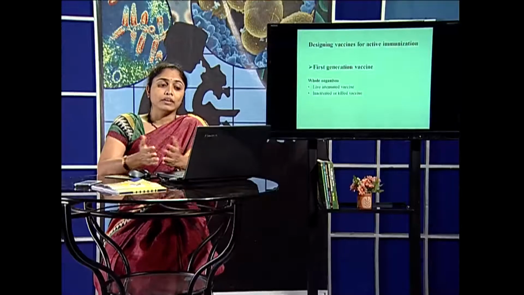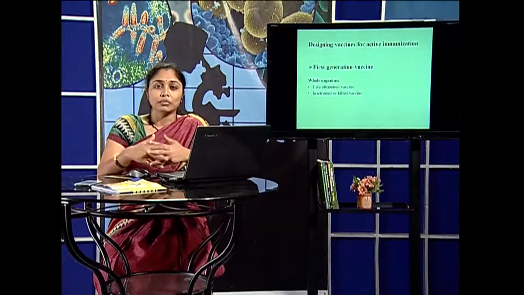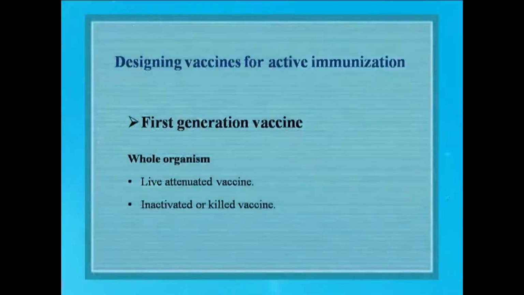Now, when scientists thought about designing vaccines, they first thought of whole organisms, either live attenuated or killed, inactivated microorganisms. They found that the use of live attenuated microorganisms as vaccinating agents has a number of advantages.